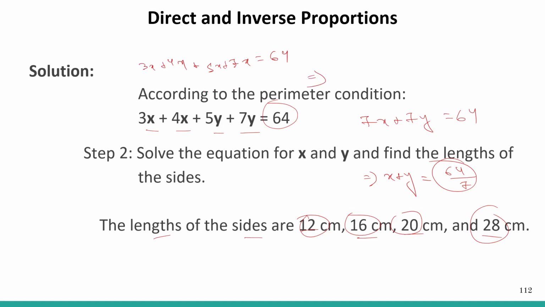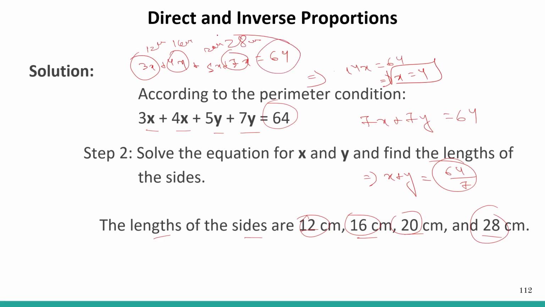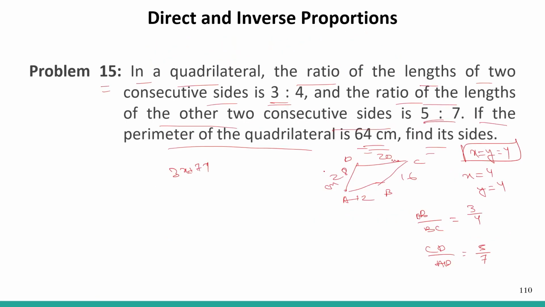So this implies that 19x is equal to 64, so x is equal to 4, and we can easily evaluate 3x. So 3x is 12 centimeter, 4x is 16 centimeter, this will be 20 centimeter, this will be 28 centimeter. Okay, so combining what we get is 64 centimeter. So we can find individual sides using this kind of method.